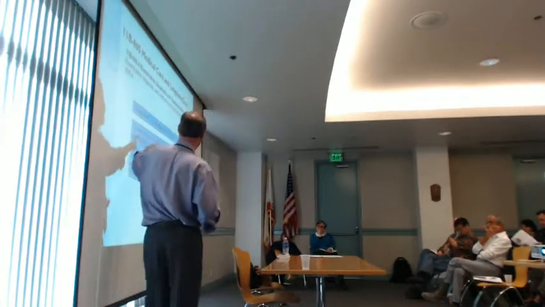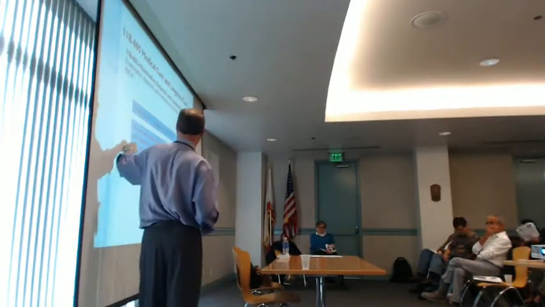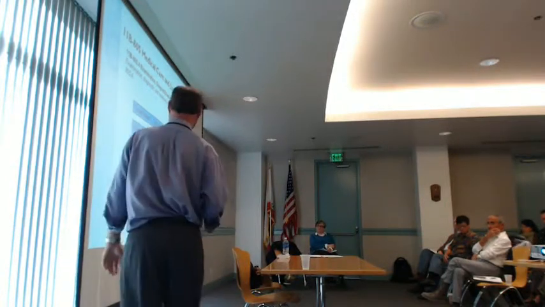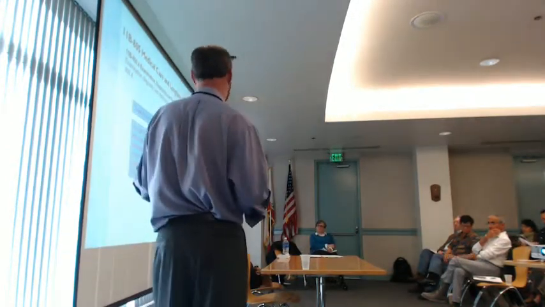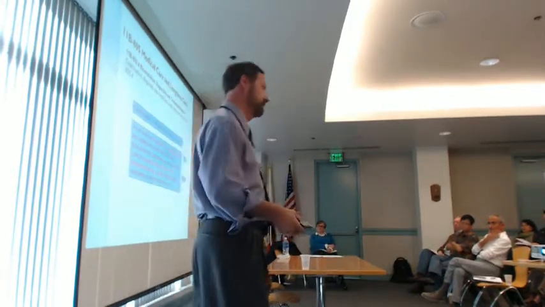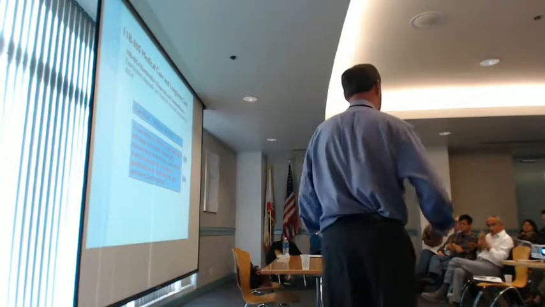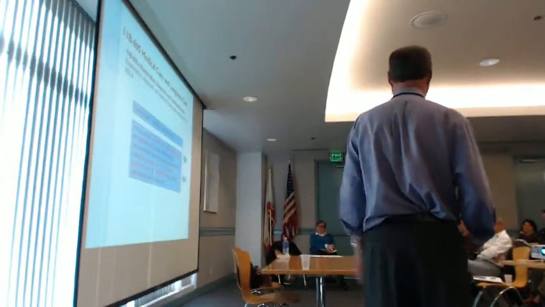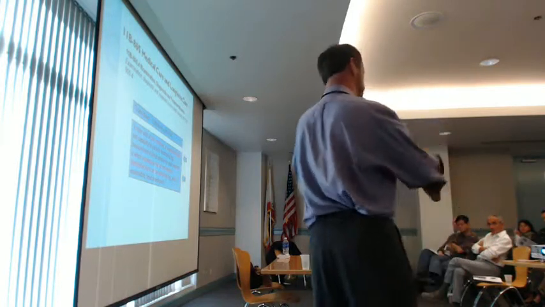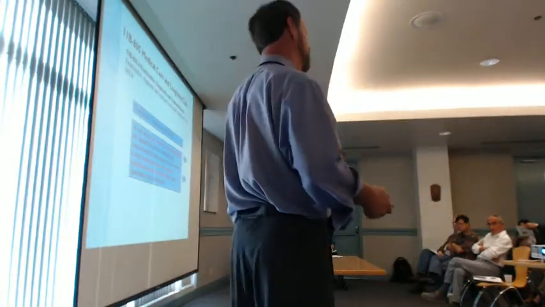An exam room has an exam table. It's in which procedures that do not require a specialized suite can be performed. So when I go to see my doctor, I go in the room, you have a chair, you sit down, you wait for the doctor to show up, there's an exam table there, there's typically a sink. That's an exam room, a general exam room.